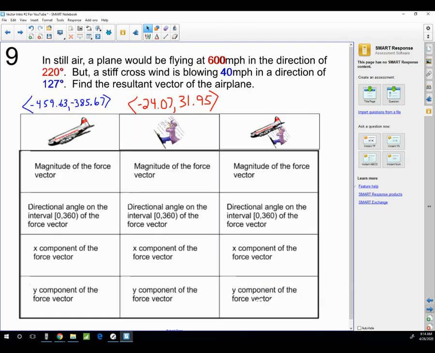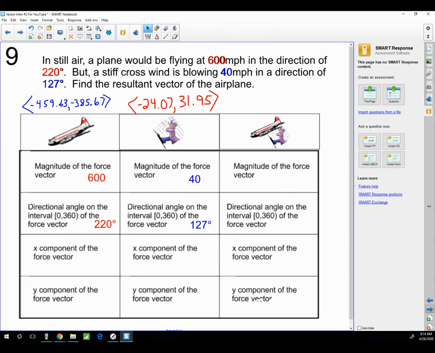Getting towards the end, I want you to familiarize yourself with this setup here because I'm going to give you that from time to time. But the magnitude of the airplane is 600. The magnitude of the wind is 40. The direction of the airplane is 220. The wind is 127. And it seems like we could just say this plus this is 640, but we cannot.